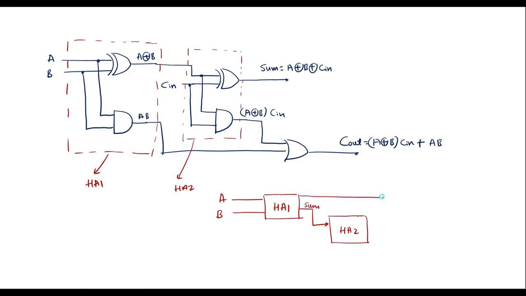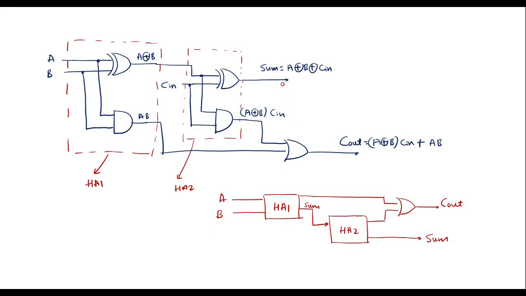Its carry output, and the final sum from HA2, and the carry from each half adder together are given to an OR gate. The output of this is Cout. So this is the block diagram representation of a full adder using two half adders.